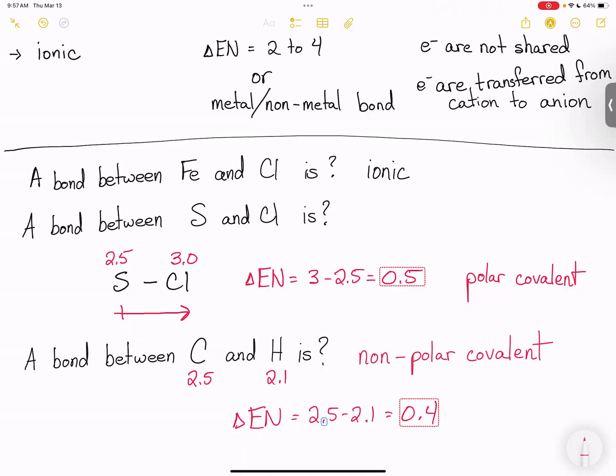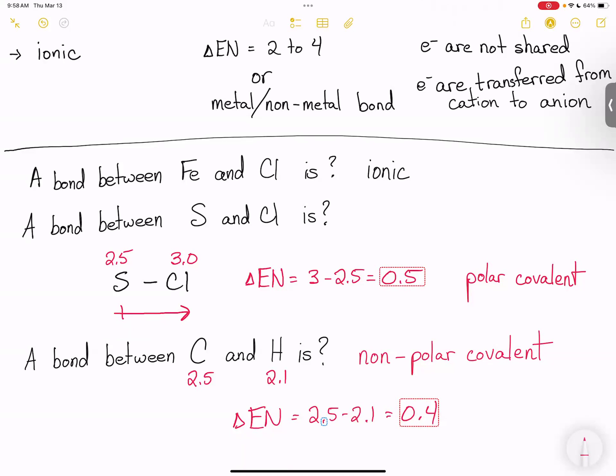Now, I want to take a moment and actually do a couple of things before we get into the next piece. Number one, I went over molecule polarity first for a reason.